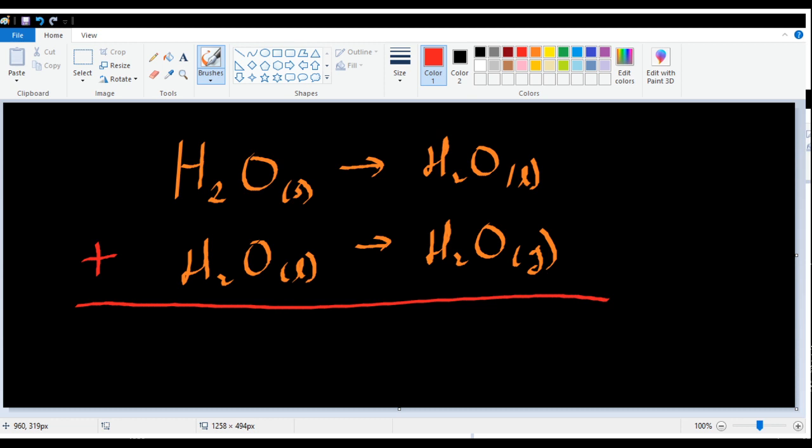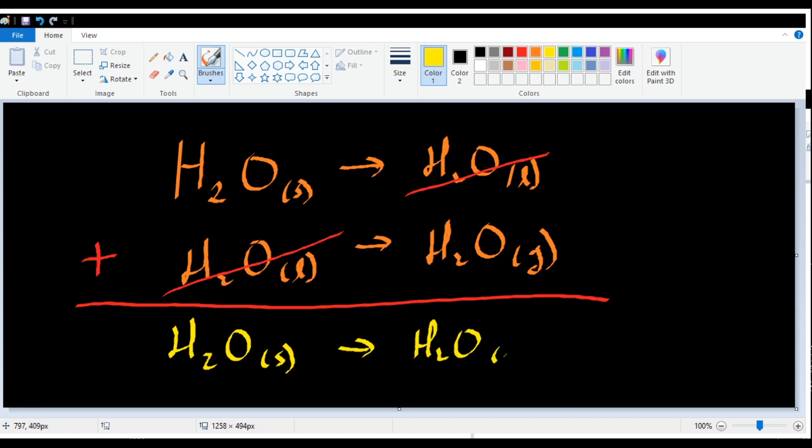Anything that appears on both sides of the arrows cancels out. So the liquid water is an intermediate phase we don't care too much about. So the result is H2O solid going to H2O gas.